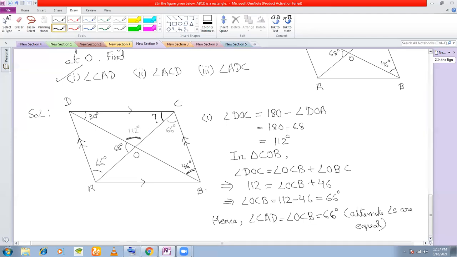So any idea how to find ACD? There are many ways of finding. Can you come up with any one way?